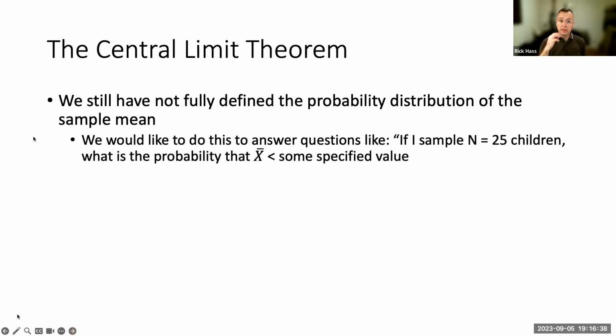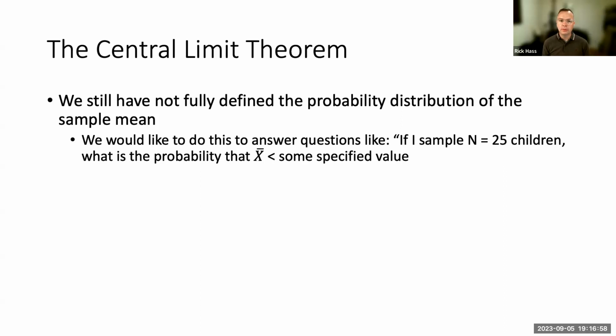So one thing we haven't done is we haven't said what type of distribution this is. How do we actually compute probability? Well, there's a really neat, important theorem in probability and statistics called the central limit theorem.